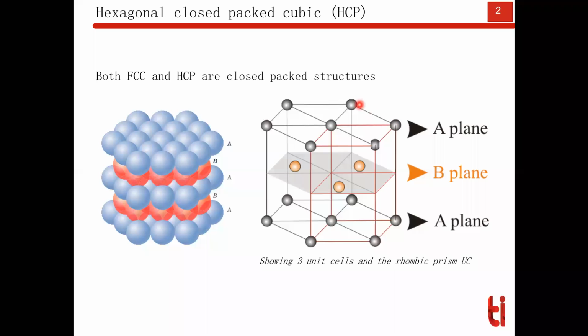You agree? Yes, sir. If I try to put one unit cell, it will arrange itself so that this side is common. Agree? On this side, one hexagon will sit with this particular face common to both of them.